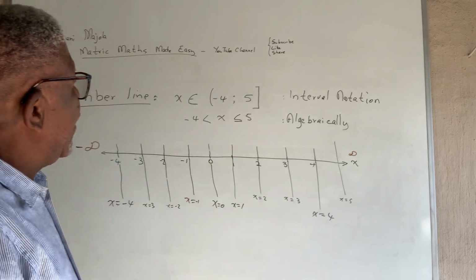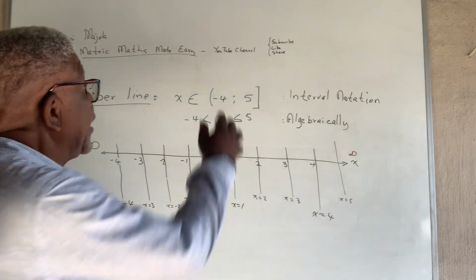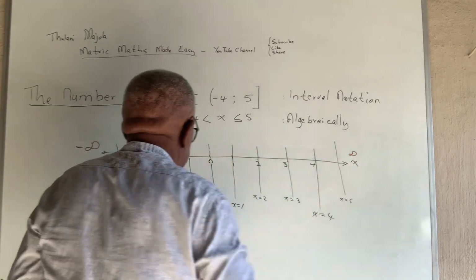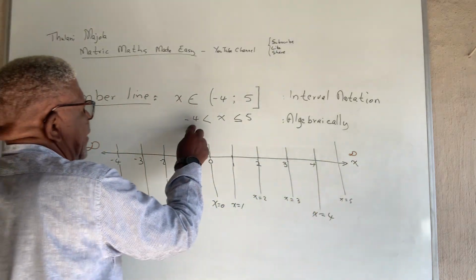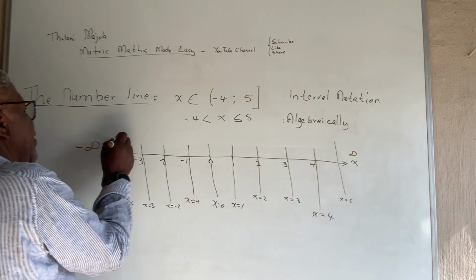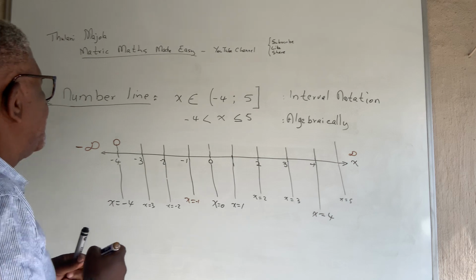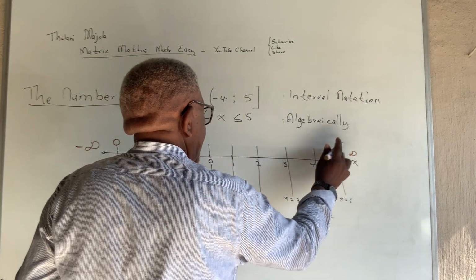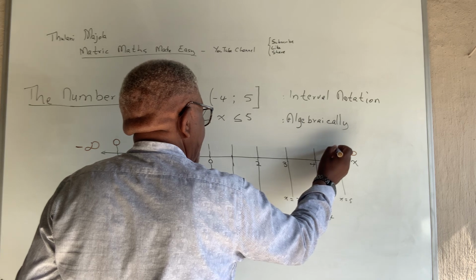And again, if it just said like that, we assume that all these x values are real numbers, so it's the real number system. So from x equals -4, which is here, up to x equals 5, which is here.